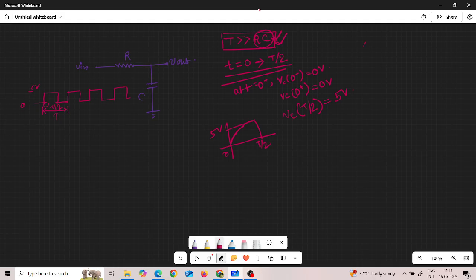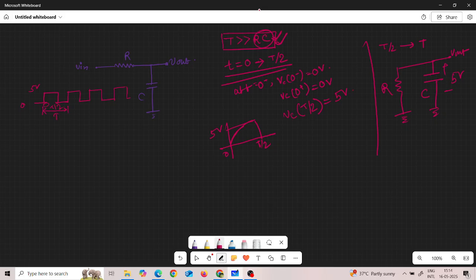Now in this interval T by 2 to T, our circuit will look like this. Input becomes 0, so we can draw the circuit like this. This is R, this is C, and here the voltage of the capacitor is 5 volt initially.